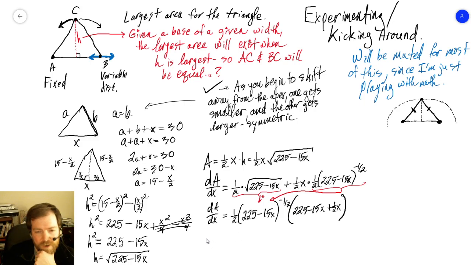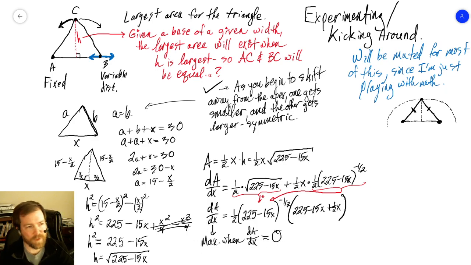Right, so now, related rates, we're going to take dA/dx. Okay, so technically we don't know it's a maximum, but we totally know it's a maximum, right? It's what we were going for.